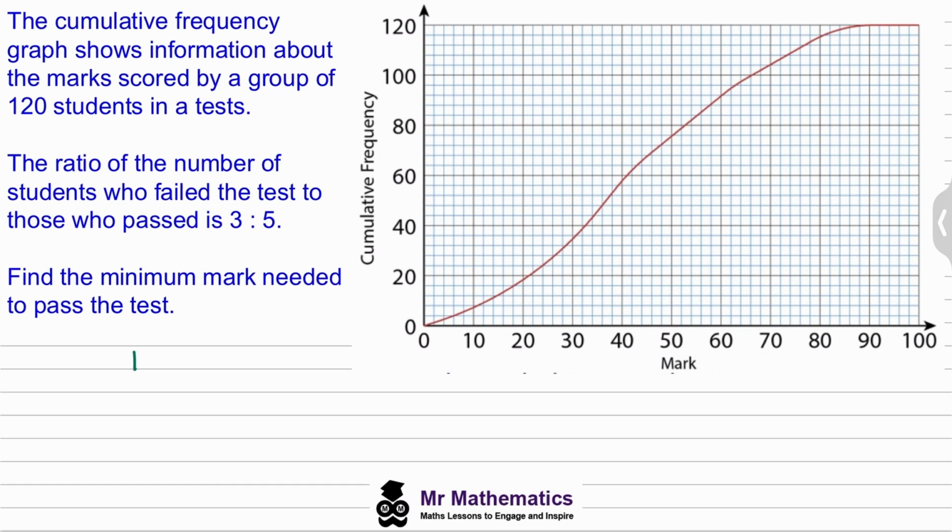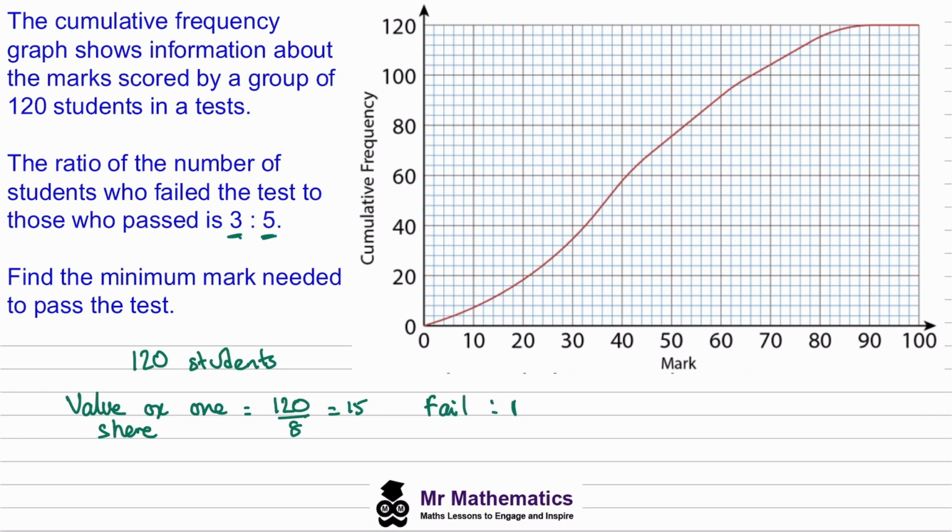Okay, so we know there's 120 students, and the total share between those who failed and passed is 8. So we can work out the value of one share as 120 divided by 8, which is 15. So the ratio of those who failed to those who passed for our 120 students is 3 times the 15 and 5 times the 15.